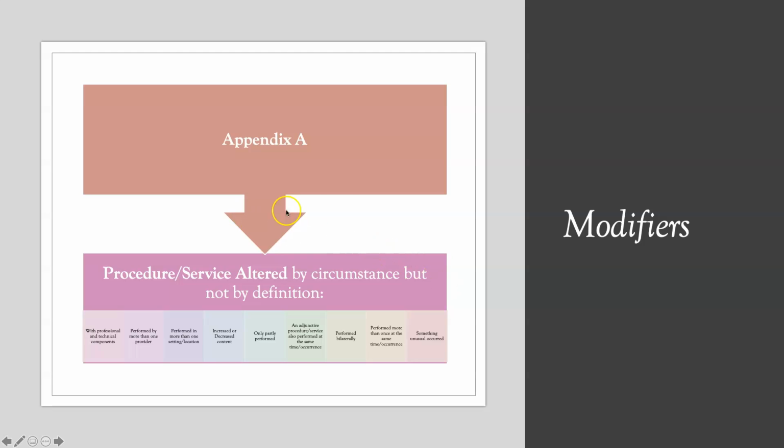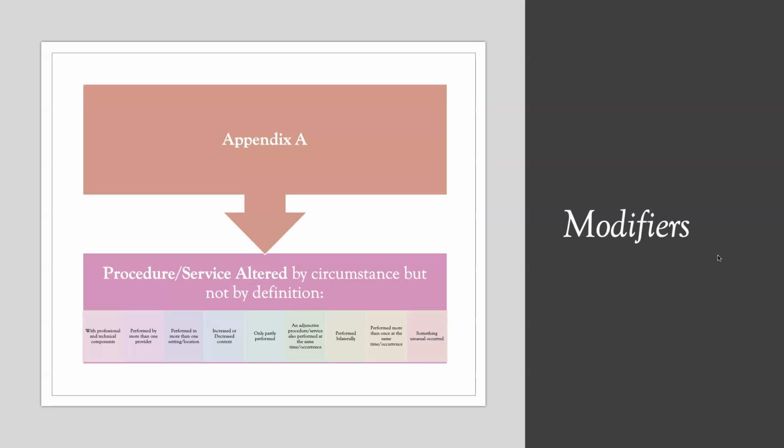All right, Appendix A, good old modifiers. So here we are about modifiers. What are we talking about? Well, I'm going to flip to Appendix A here in the handy dandy book I have in front of me, and we will see what it says. It says, this list includes all the modifiers applicable to CPT 2020 codes.